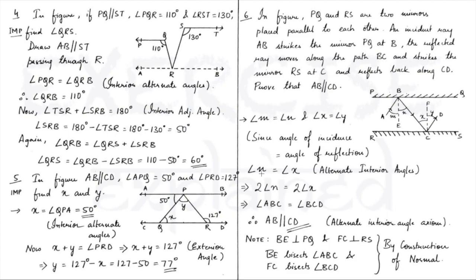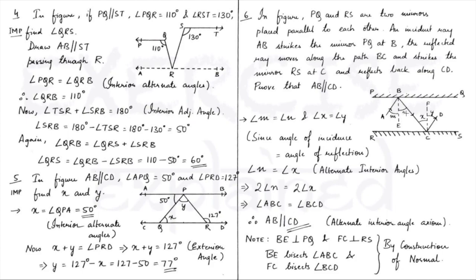Now what we do is angle N is equal to angle X. The main reason being both of them are perpendicular to the parallel lines. That means BE here is perpendicular with respect to PQ and FC here is perpendicular with respect to RS. So when we have two perpendiculars which are perpendicular with respect to parallel lines, the perpendiculars are also parallel with respect to each other.